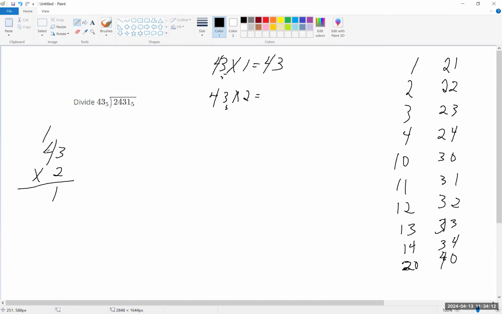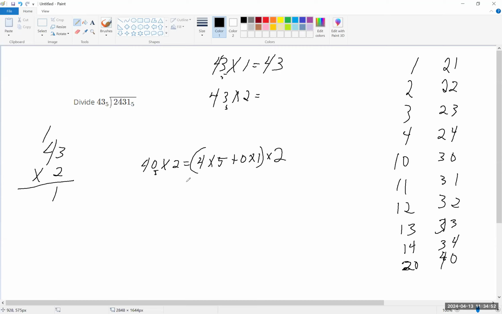It looks like it's 4 times 2, but it's really 40 base 5 times 2. 40 base 5 is 4 times 5 plus 0 times 1, because the 0 is in the first place value and the 4 is in the second place value.